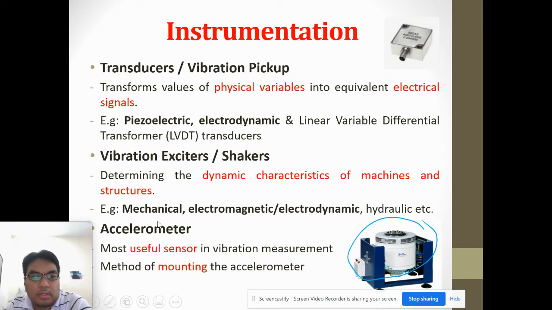We can have mechanical, electromagnetic, electrodynamic or hydraulic shakers. Finally, the accelerometer is the most useful sensor in vibration measurement, because it can be mounted in contact with the structure, whereas a velocity or displacement sensor needs non-contact, which is quite difficult in some situations. The method of mounting also needs to be understood.